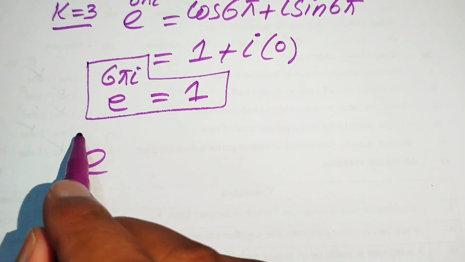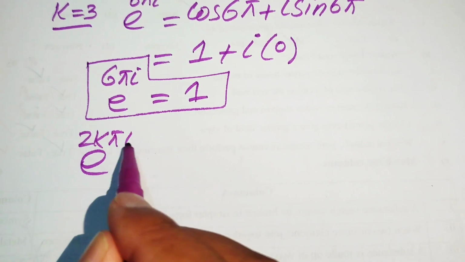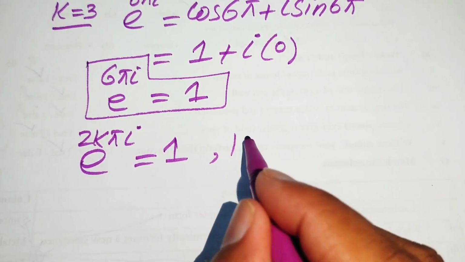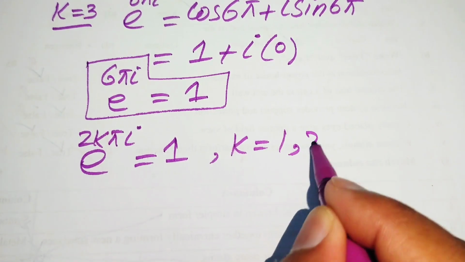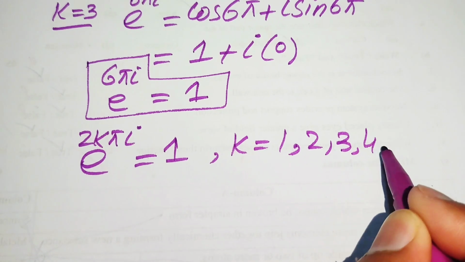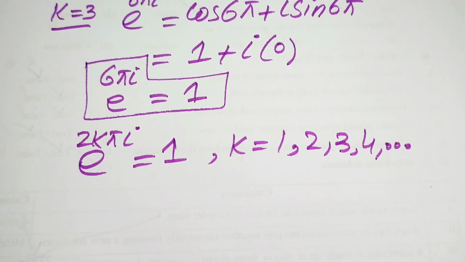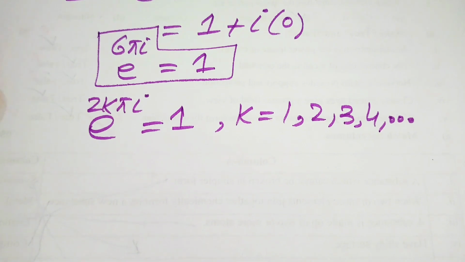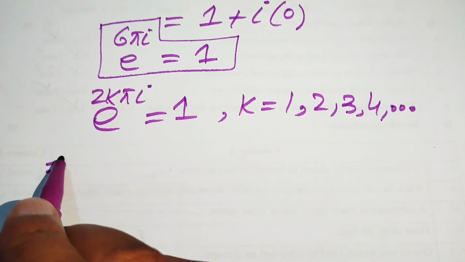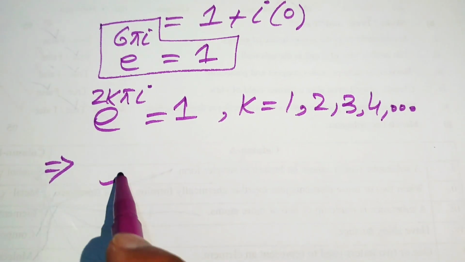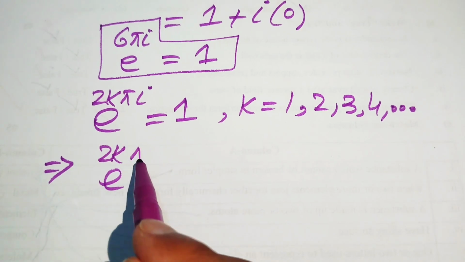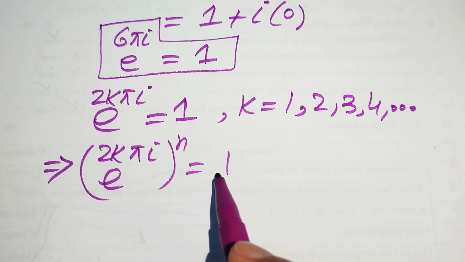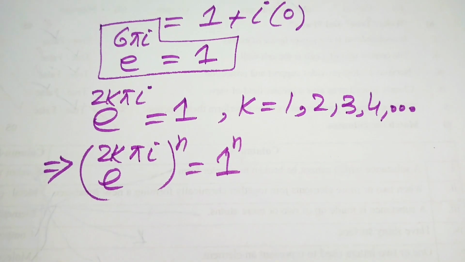We just write it here, e to the power of 2k pi iota is equal to 1 for k equals 1, 2, 3, 4 and so on. So here we solve this problem for the values of n. Now we take the nth power on both sides and it is written as e to the power of 2k pi iota, and its whole power n, equals 1 to the power of n.